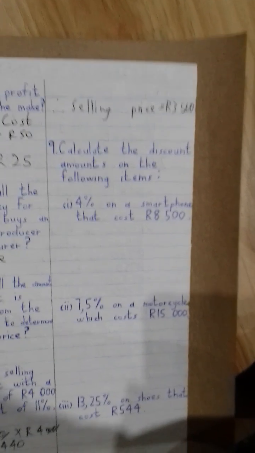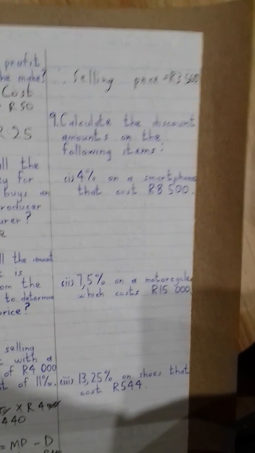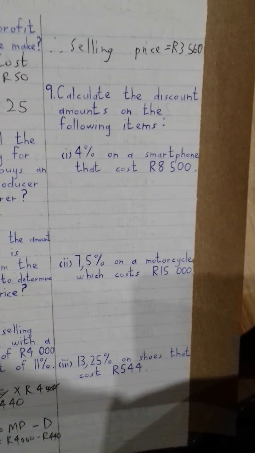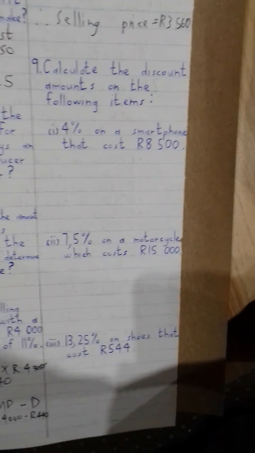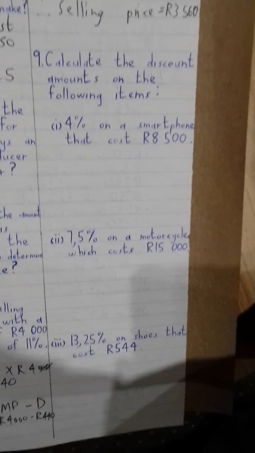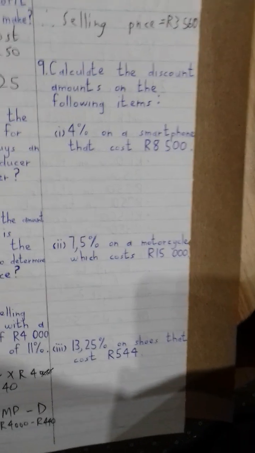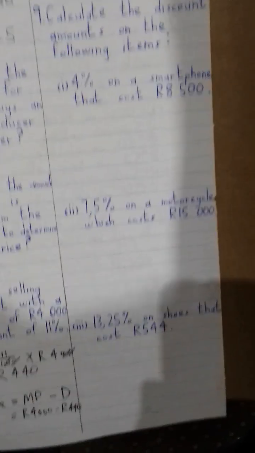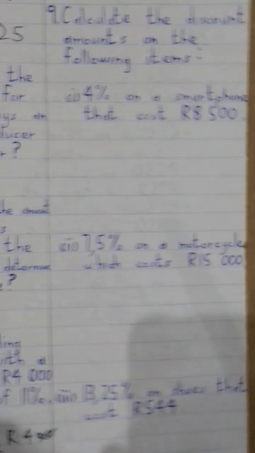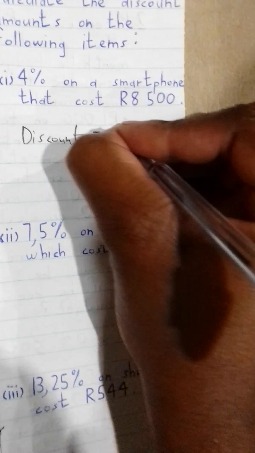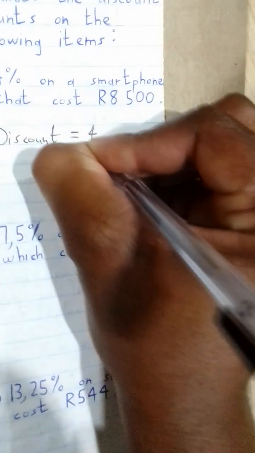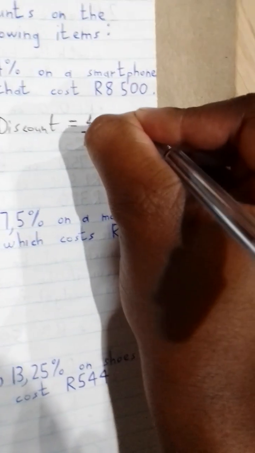Well, number 9 states calculate the discount amounts on the following items. So it only says discounts, right? Not marked price or anything. 4% on a smartphone that costs 8,500 rands. So 4% is 4 over 100 times 8,500.